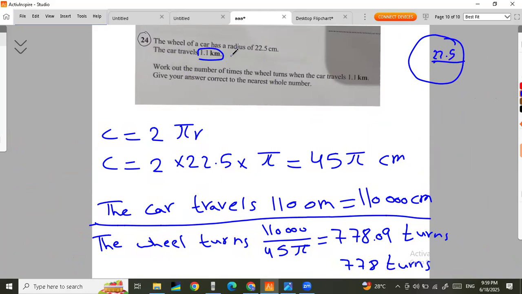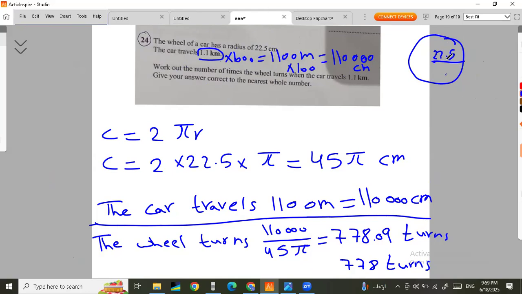Let's do it in centimeters, please. 1.1 kilometers multiplied by 1000 gives you meters, 1100 meters. But multiplied by 100 to make it centimeters, it will be 110,000 centimeters.